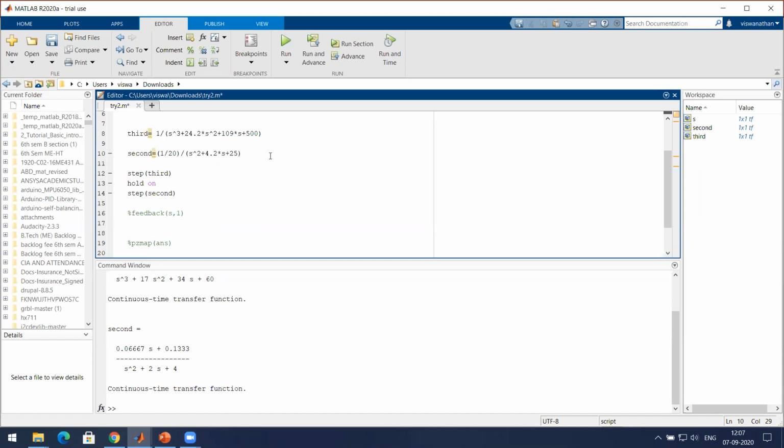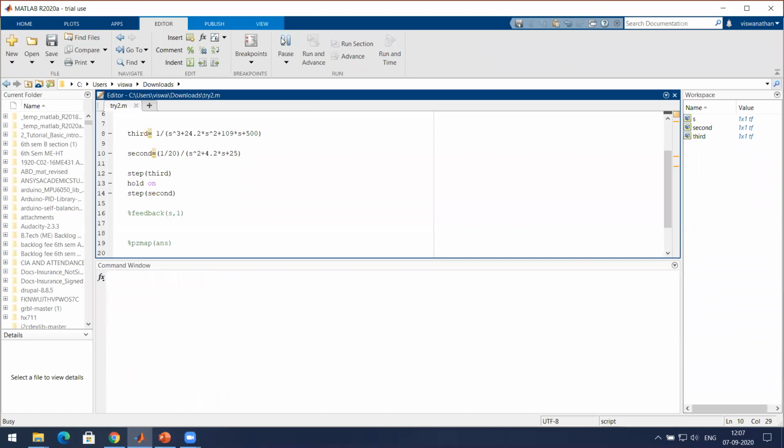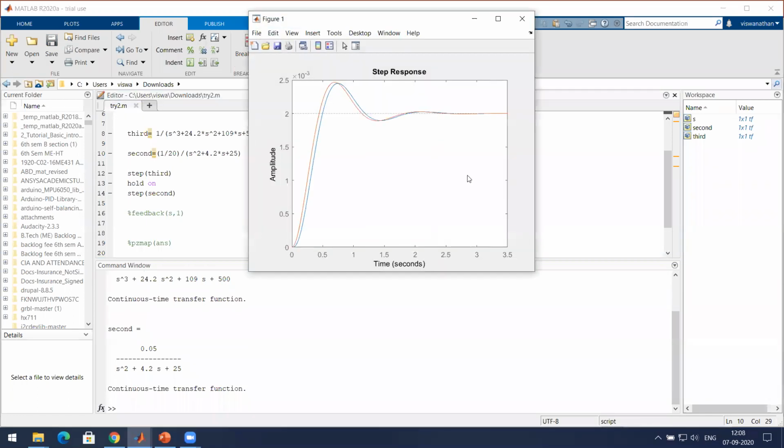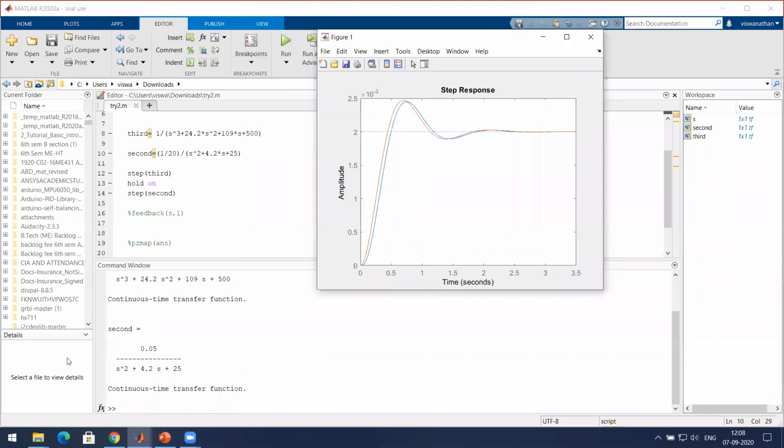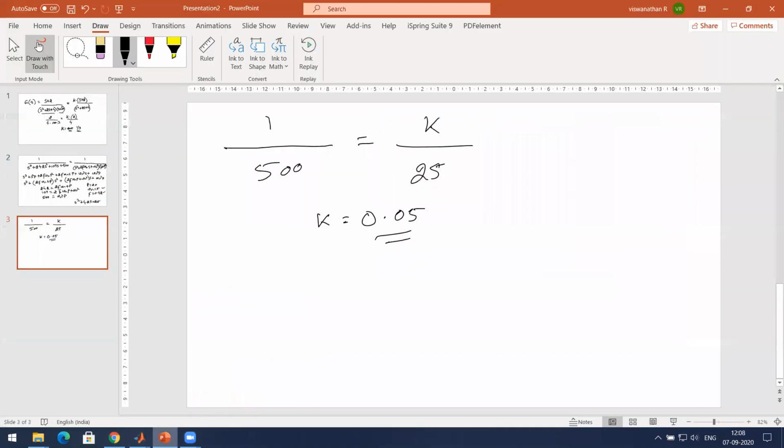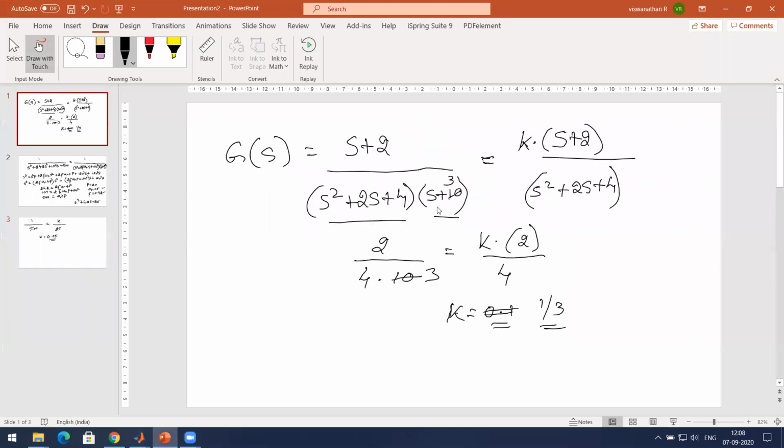Okay, so let's run this and see. So you see this, yes, sir, it's approximately equal.